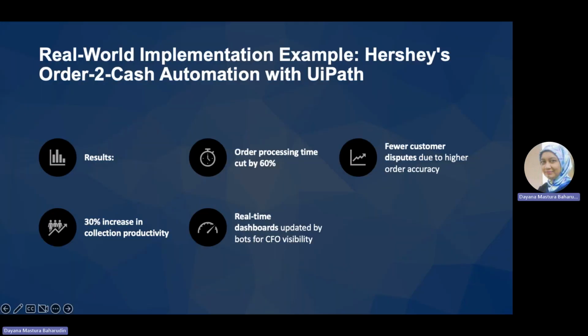Okay, now we have these results. Order processing time cut by 60%. Wow, that's good. Fewer customer disputes due to higher order accuracy, which is good. 30% increase in collection productivity. They are able to collect the money owed to them.